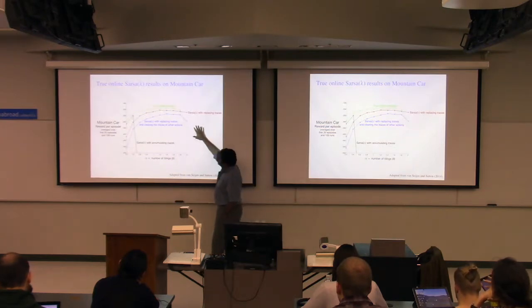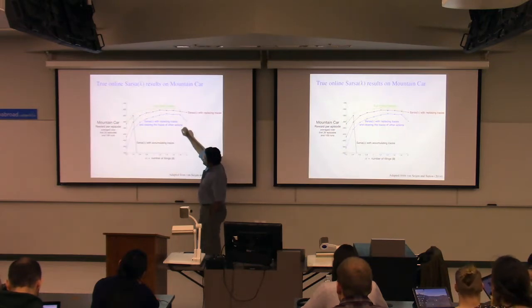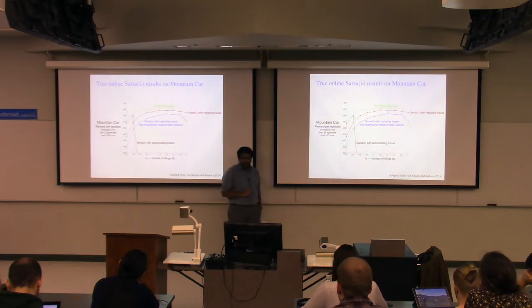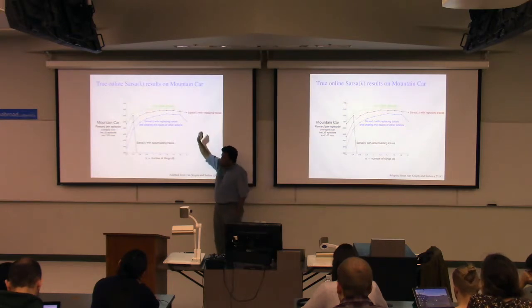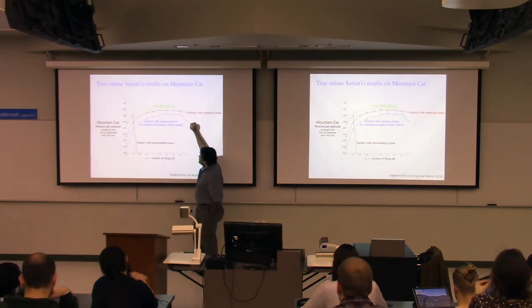Well, so this is Sarsa Lambda with replacing traces, and let's say blue is a variant. Red would be the more common version. Let's ignore the discussion of replacing traces, but there's a variety of things that people do to try and make them work.